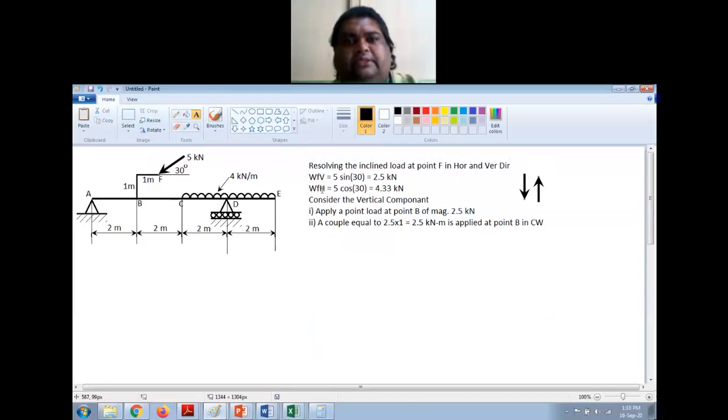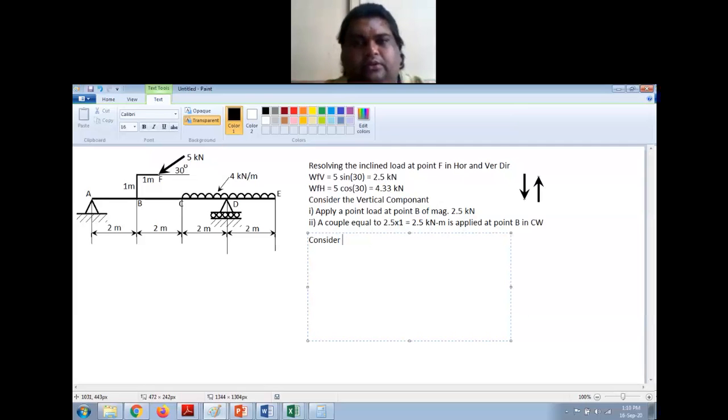Now we have to consider the horizontal component. So for the horizontal component you will apply a point load of 4.33 kilonewton at point B along the beam, right?